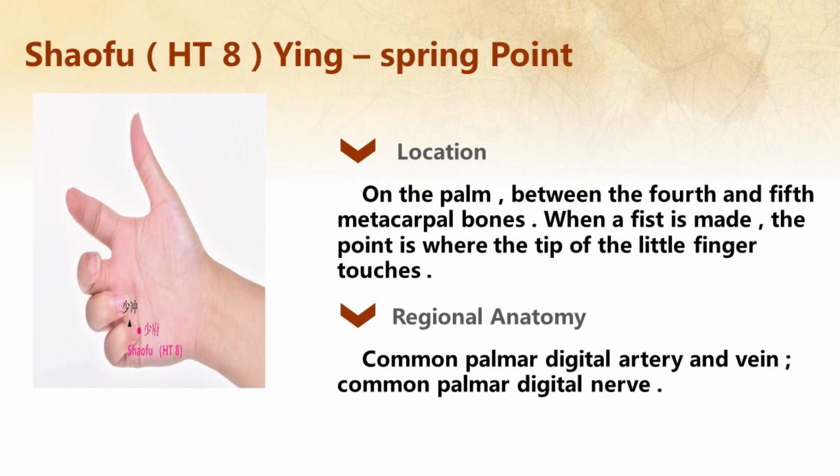The fifth point is Shaofu. The acupoint is located on the palm, between the fourth and the fifth metacarpal bones. When a fist is made, the point is where the tip of the little finger touches. The location of this acupoint contains the common palmar digital artery and vein, and the common palmar digital nerve.